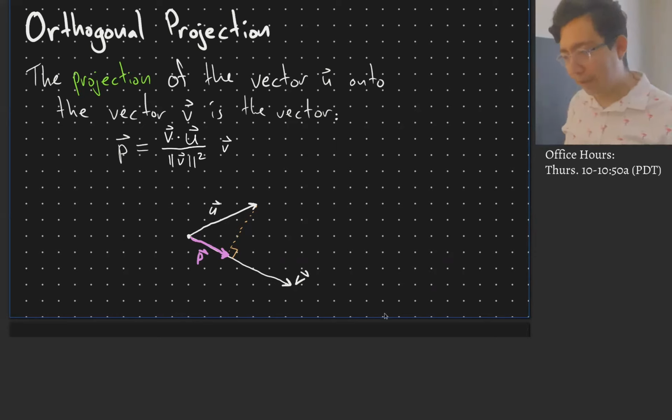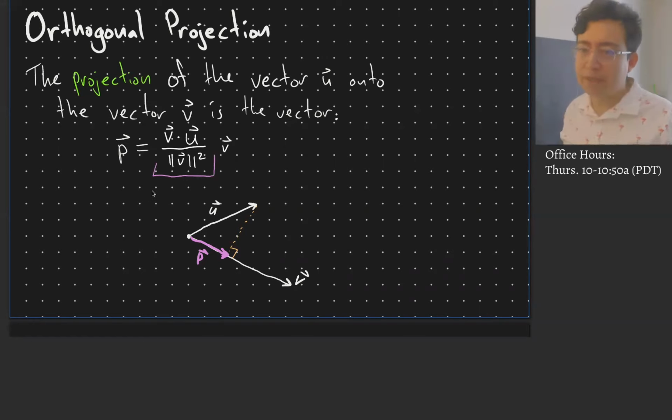The point is that we need some scaled version of V. So this first part is telling us the scalar multiple, because this is clearly just a scaled version of V, and this tells us exactly how much that scalar multiple needs to be.